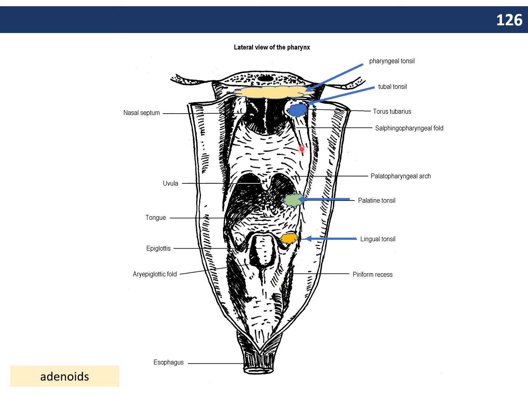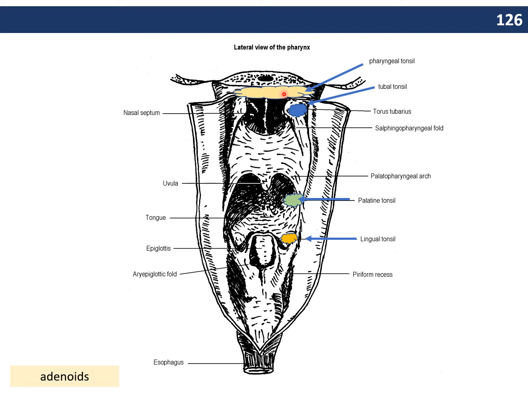this ring of tonsils that are immune tissue that surround the openings to these different spaces, cavities within the pharynx. So we'll start here more superiorly with the pharyngeal tonsil.